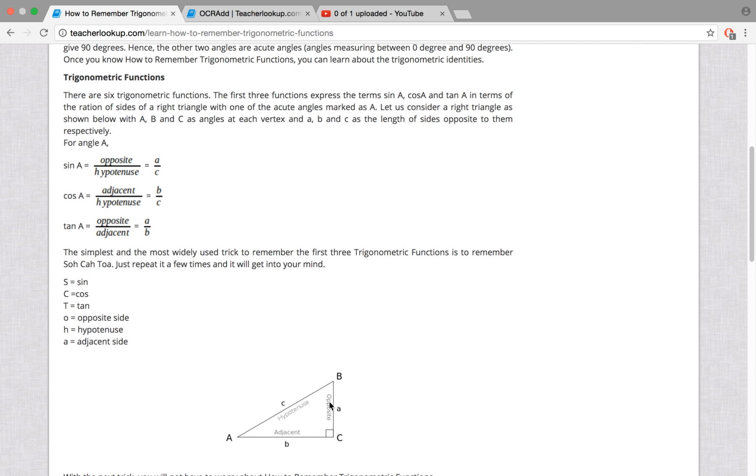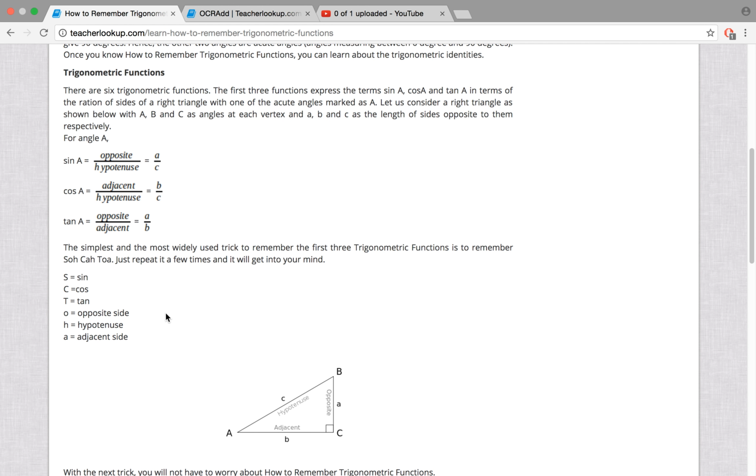You may not have opposite, you'll have hypotenuse and adjacent. So you could do adjacent over hypotenuse, and that will give you cos A. In your calculator there will be a function called cos minus 1, the reverse of cos, and that shall give you the actual angle A.